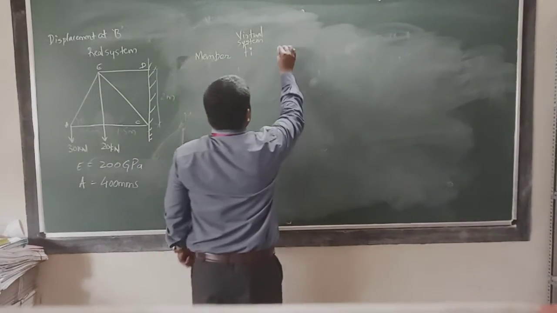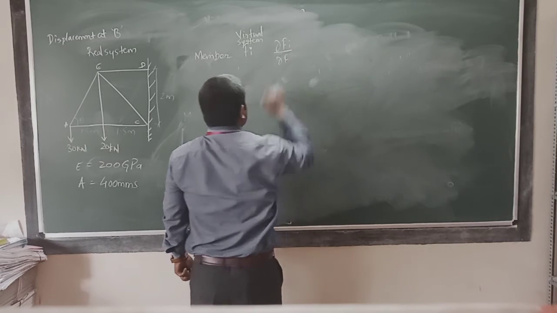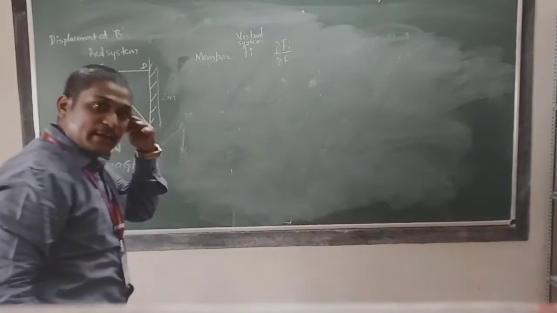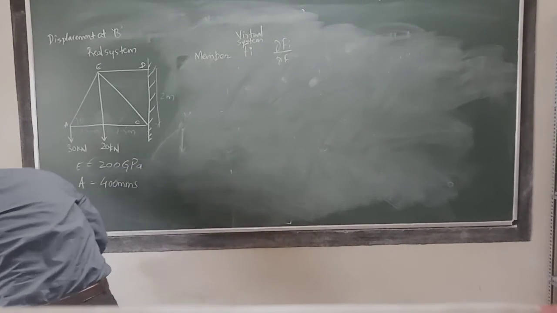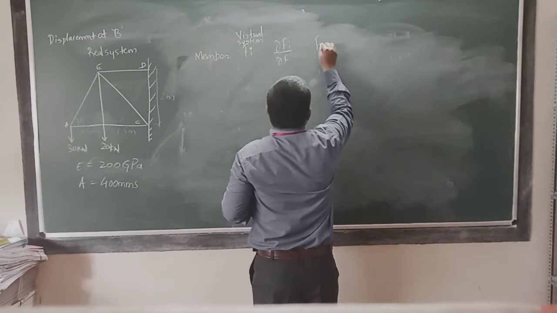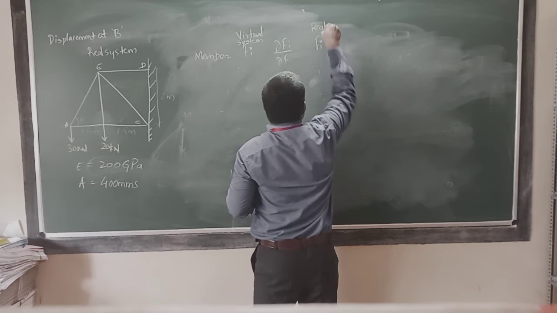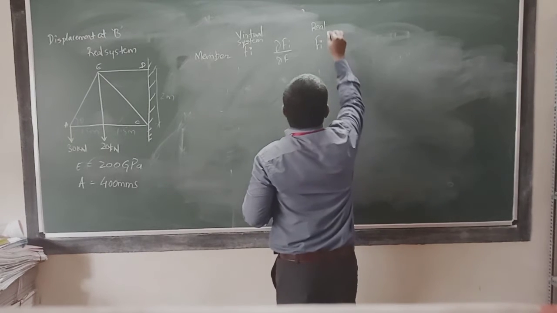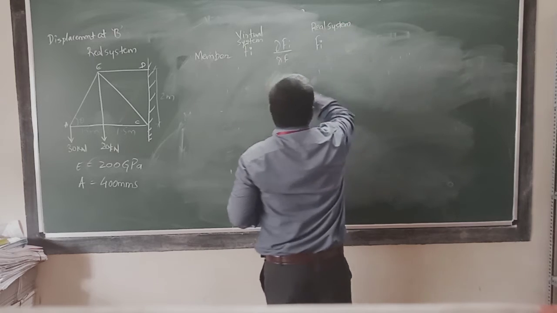Okay, then dou Fi divided by dou F. Then Fi, this is because of member force due to the real system. Member force is due to real system.